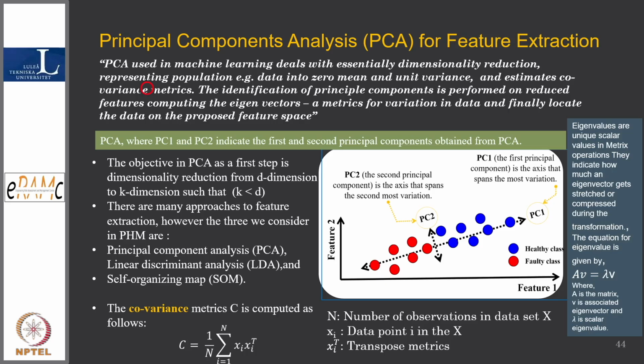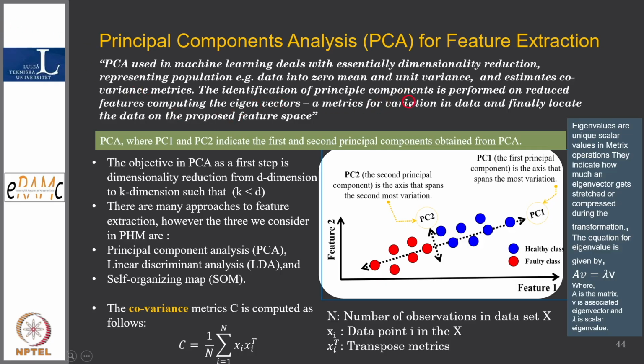For example, the data is normalized to zero mean and unit variance and the covariance matrix is estimated. So these are the dimensional reduction techniques we have seen in the last slide. The identification of principal components is performed on reduced features, not on the whole population. So here we are trying to get principal component 1 and principal component 2, something a stage ahead of the SVM actually.